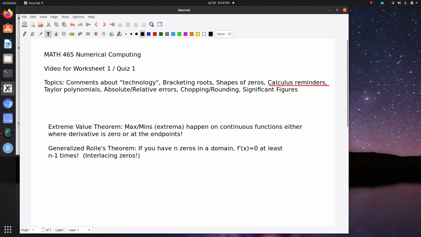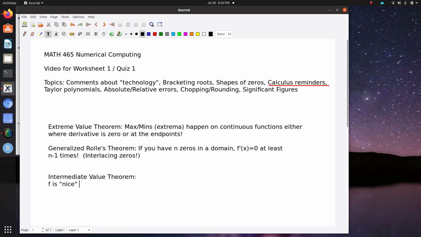Every time you take a derivative, you get interlacing zeros with the other function. So if the original function had 10 real roots, take a derivative and now you get 9 real roots, but they're spaced in between the original zeros, and that's kind of cool. Okay, and we also have the intermediate value theorem.